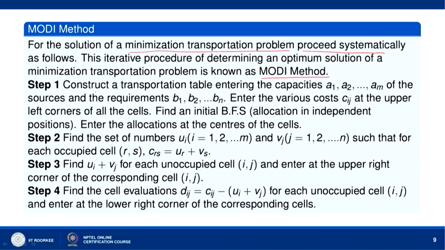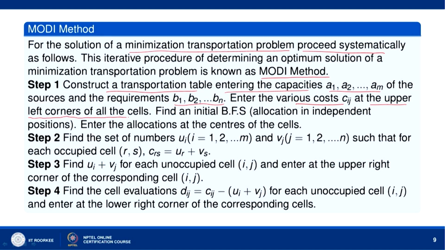First, we construct a transportation table entering the capacities A1, A2, Am of the sources F1, F2, Fm, and the requirements B1, B2, Bn of the n warehouses W1, W2, Wn. Now, we enter the various costs Cij at the upper left corner.